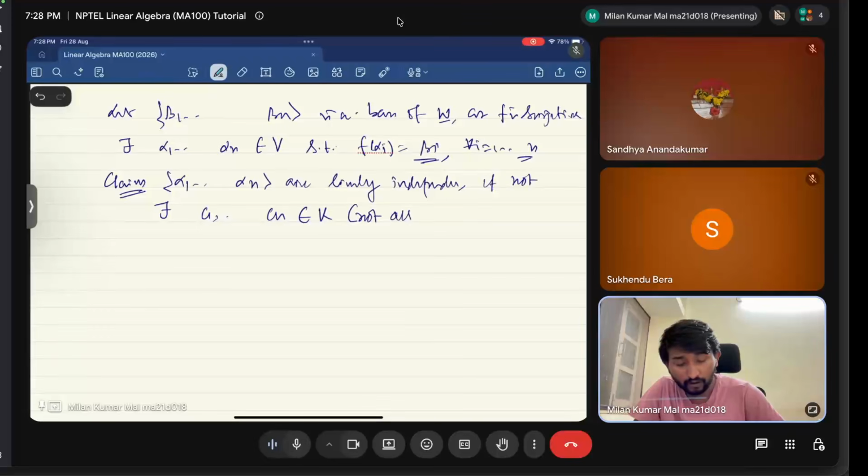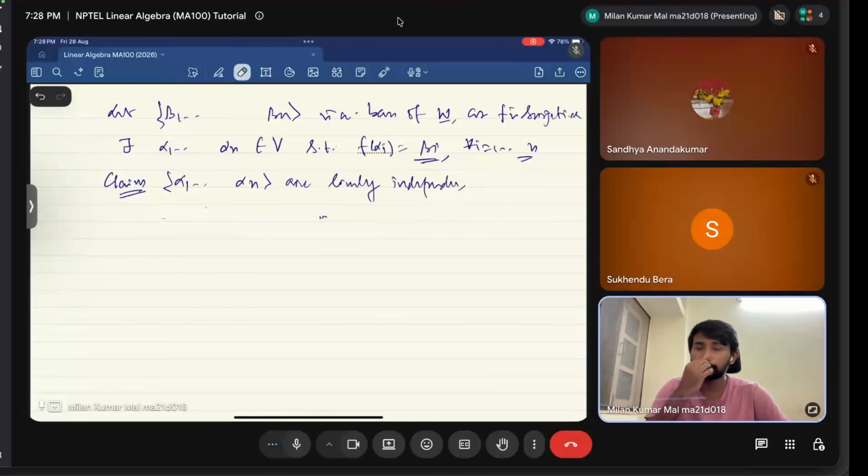Okay, so let's try to prove this one. Let's take the summation of Ci alpha I equals 0. Then what I have to prove is that f is 0.